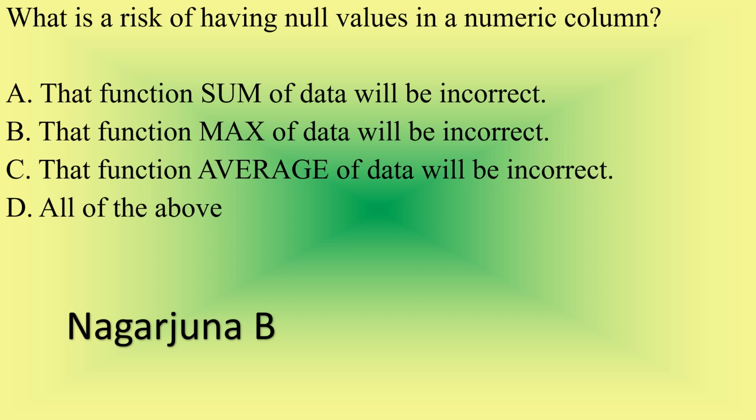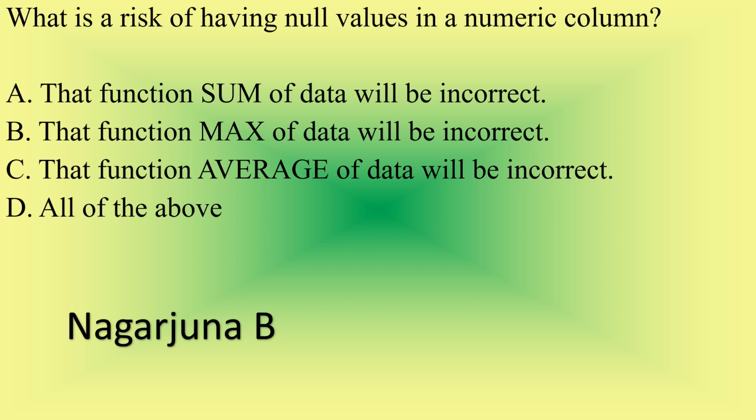What is the risk of having null values in a numerical column? That means when you have a column in which you are going to store only numerical values, if you store null values, what is the risk? Option A, the function sum of data will be incorrect. The function max of data will be incorrect.